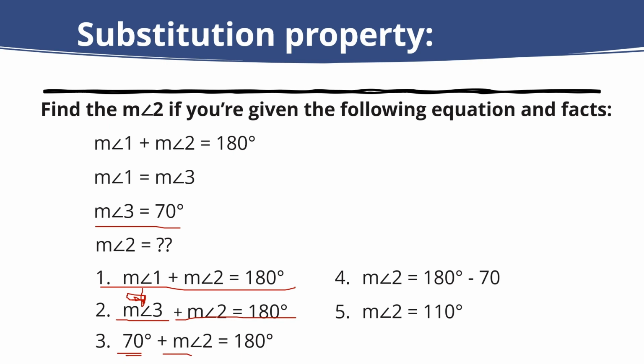So in this case, I'm going to subtract the 70 from both sides, and I get 180 minus 70 on this side and the measure of angle 2 on the left side. And when I solve it, that gives me the answer: the measurement of angle 2 equals 110 degrees. And you have solved the problem that you were given.